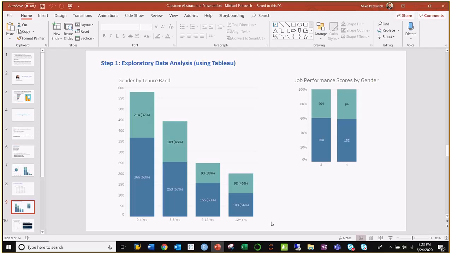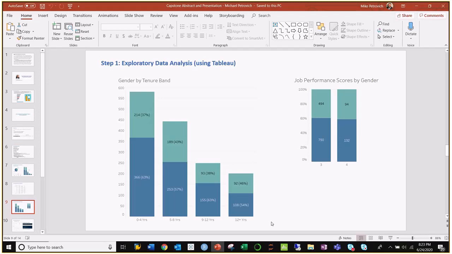So what we're looking for here is making sure that, for example, in the 0 to 4 year tenure band, we don't have a lot more males than females. Because that would mean that recruiting may be trying to build a pipeline of diverse talent, but somehow we're losing them, where the company isn't aligning to their needs and they are jumping ship.